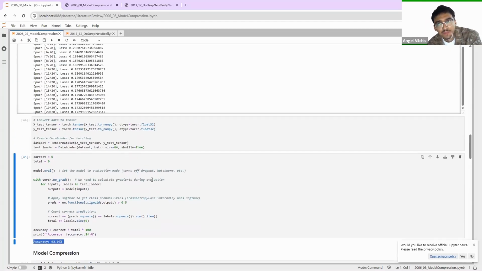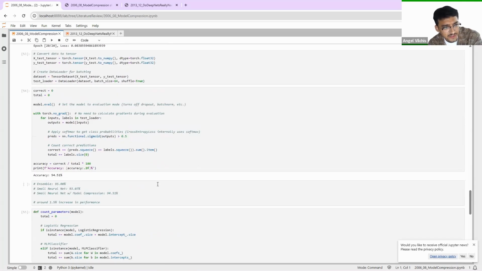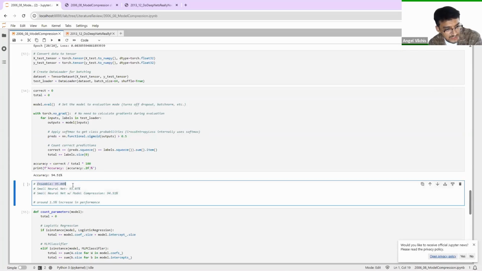So now we label the unlabeled data with the ensemble, and we train the small model on this new data set. And this is model compression. So we see that the accuracy improves to about 94.5%. So summary, ensemble is 95%. We train a small model on the original data set as well, and it's 93%.